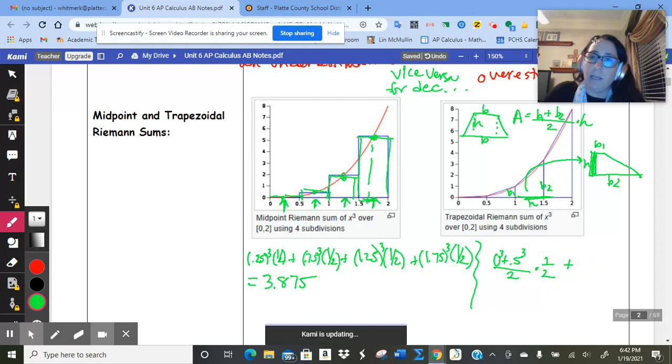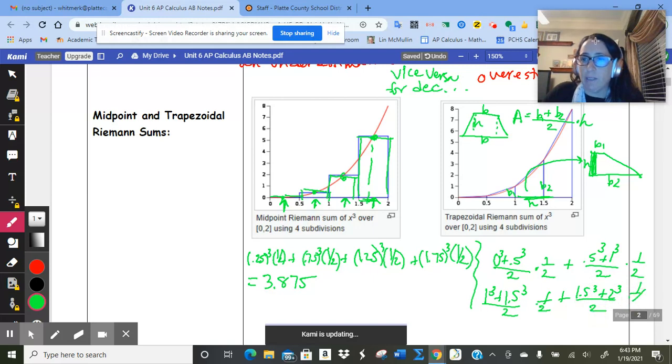Plus 0.5 cubed plus 1 cubed, averaged out, times my height of 1/2. Then 1 cubed plus 1.5 cubed, averaged out, times my base, and the last one, 1.5 cubed plus 2 cubed, averaged out, times my base of 1/2. And you can plug all that in. I got 4.25.